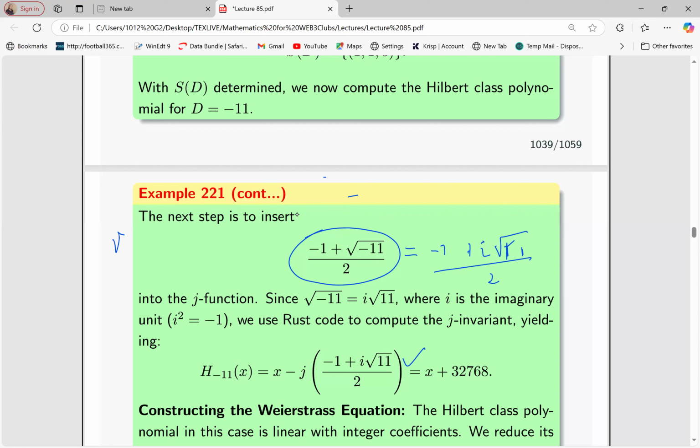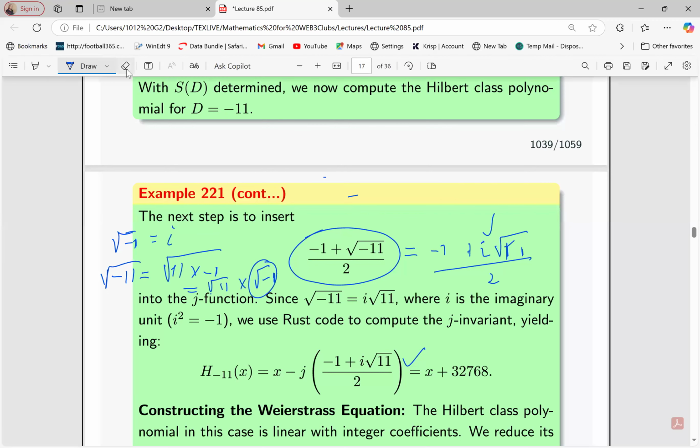We know that the square root of negative 1 is I. And we know that the square root of negative 11 can be written as the square root of 11 times negative 1, and this is the same as square root of 11 times square root of negative 1. But the square root of negative 1 is I. So that's why you see I, then this one remains. So these are what I put in therefore in my code.